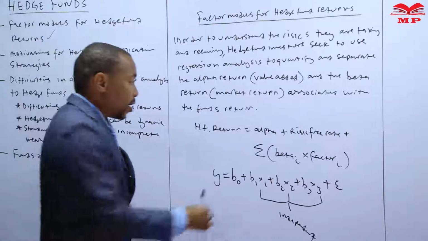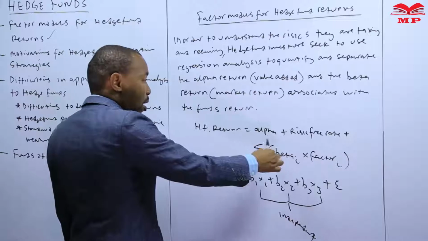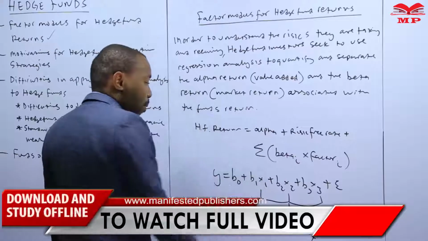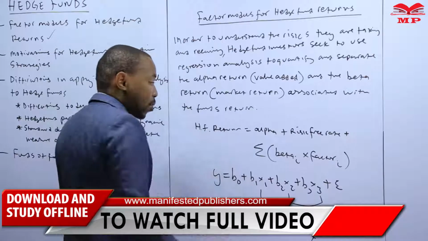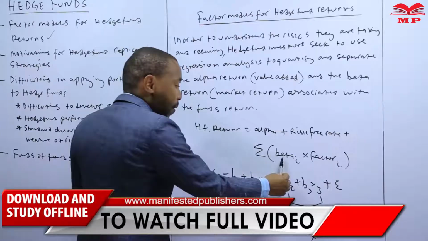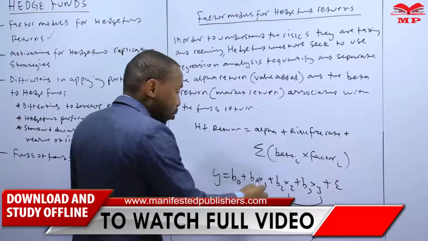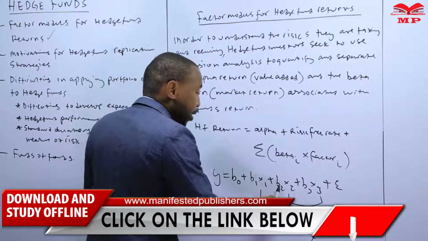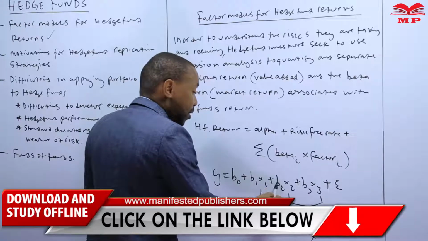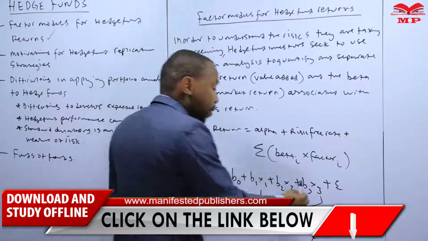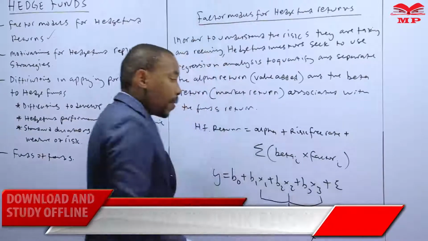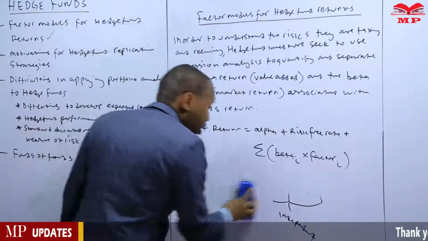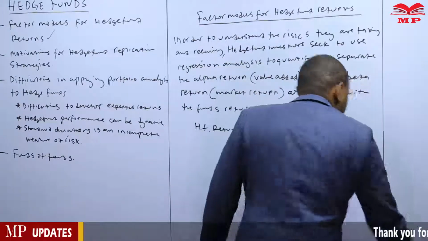So this is the b0 component plus the risk-free rate, which is probably considered a factor here, x1. Then the summation of the factor sensitivity times the factor itself. This represents the factor, and this is the factor sensitivity: b1 is the beta, beta 2 represents the factor sensitivity that influences x2, and beta 3 influences the factor x3. That is a typical regression model used within the hedge fund airspace.